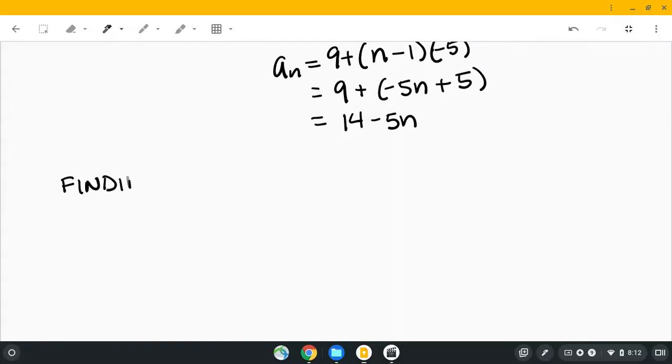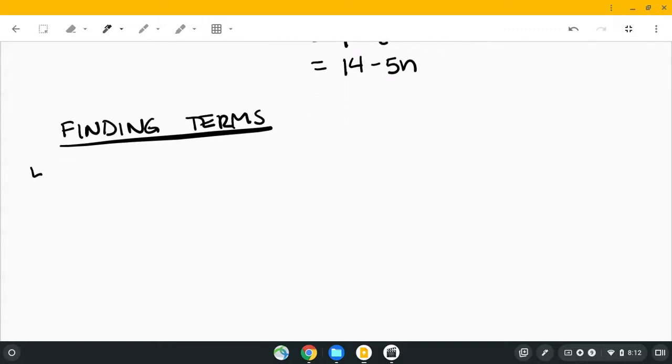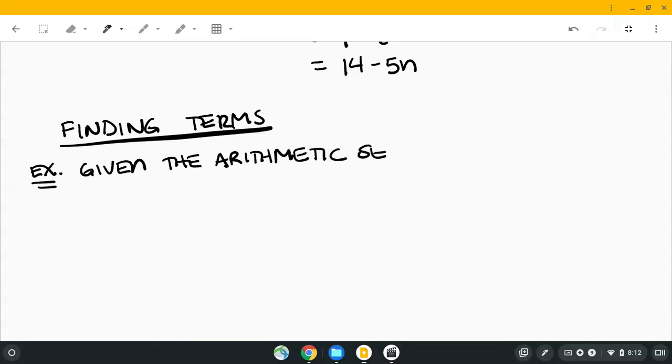All right, let's take a look at finding terms. Given the arithmetic sequence 13, 7, 1, negative 5, also decreasing, so D's got to be a negative number.